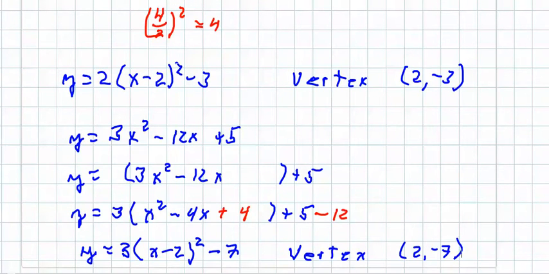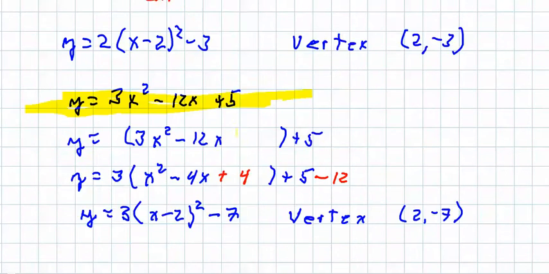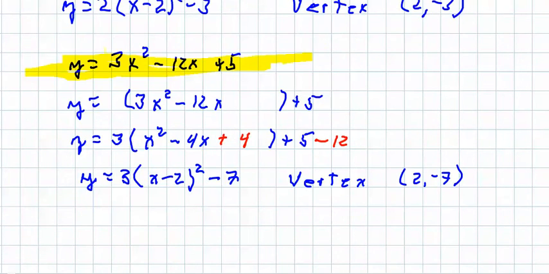Okay, hopefully you got the same answer as me. Our original equation was this. We then factored out the 3 right here. Half of 4 is 2, squared is 4, so I put a 4 here. And then 3 times 4 is 12. Since I really added 12, I came over here and I subtract 12 right here.